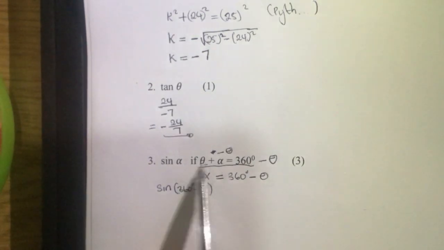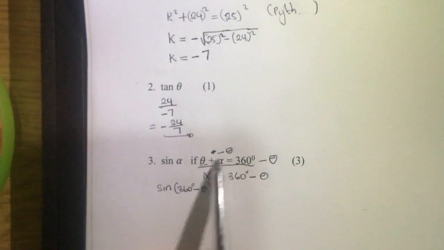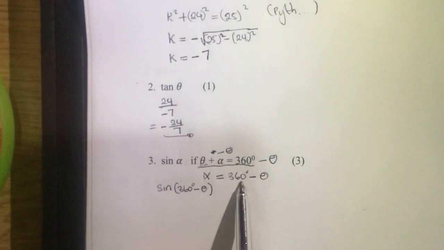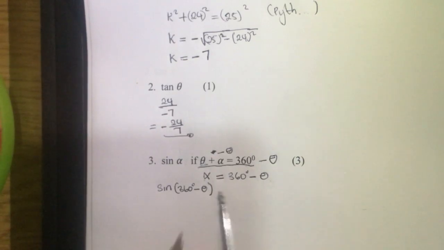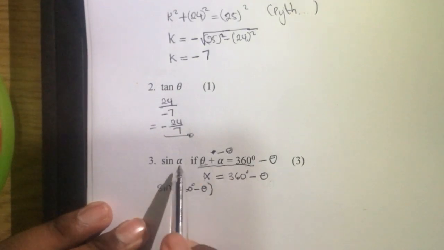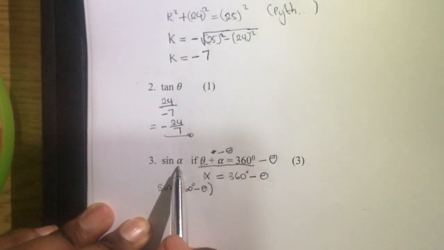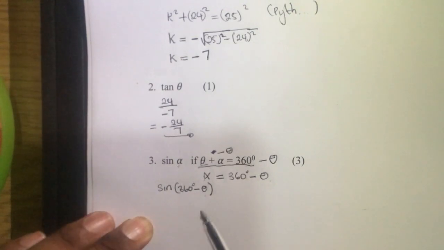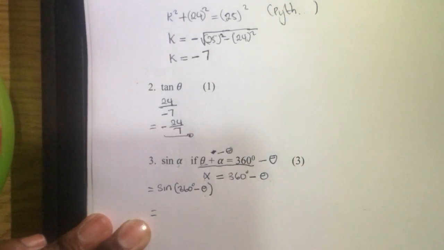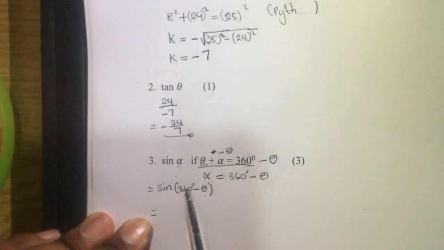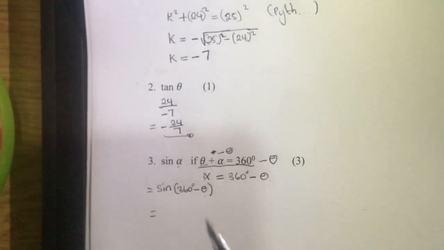We just manipulated this one and we used alpha as the subject of the formula, and we got alpha is equal to 360 degrees minus theta. So then we substitute. We continue manipulating this. We have sine of 360 minus theta.